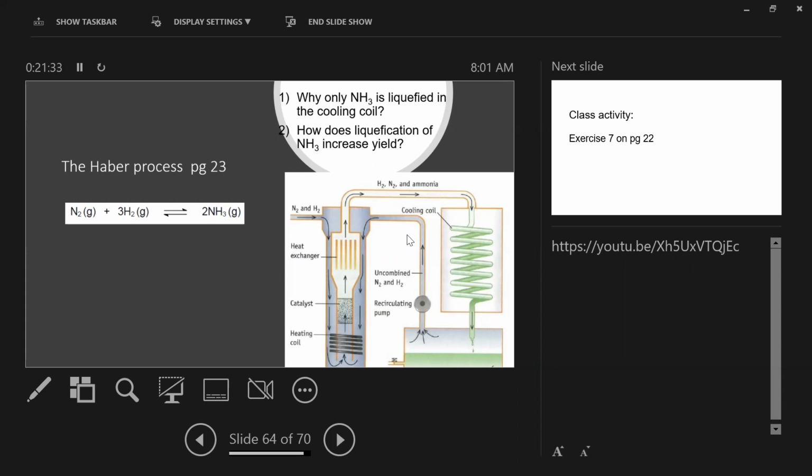Should the boiling point of ammonia be more or less than hydrogen?